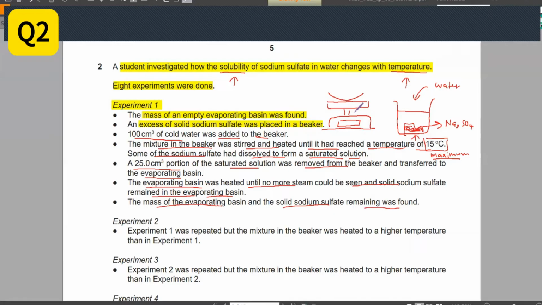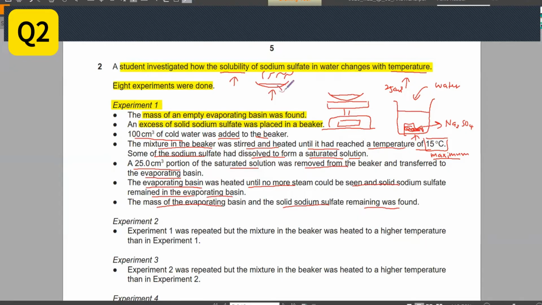And then what do we do? We take 25 cm cube and then we place it onto the evaporating dish. And then we heat it up until all the water is gone.